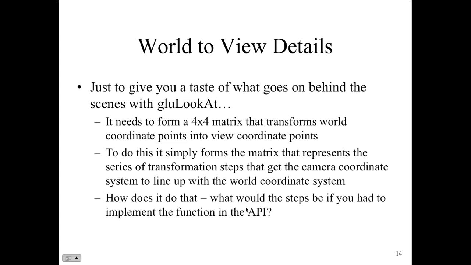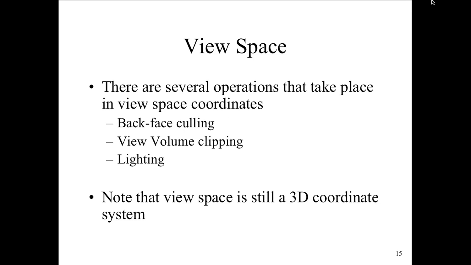How to do that? What would the steps be if you had to implement the function in an API? Very difficult. This is where a lot of the time comes into the efficiency or lack of efficiency in the rendering process. Tons of calculations, especially if you have a complicated world. Depending upon how many objects you have, you have to go through the coordinate systems of all of them in relationship with the world, and then figure out which one is going to be first, depending upon the current camera angle.